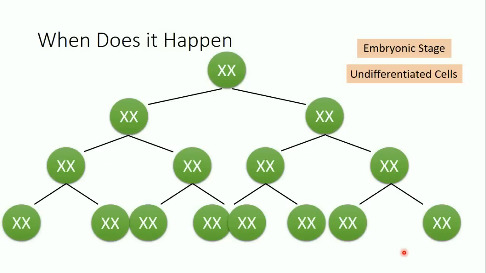When the embryo is in the 8 cell stage, X inactivation starts. So in each one of the cells, one of the X's is inactivated. And as I told you before, the chance is 50%. So it can either be the mother's one or the father's one, which is inactivated.